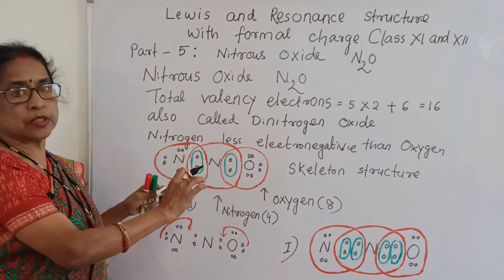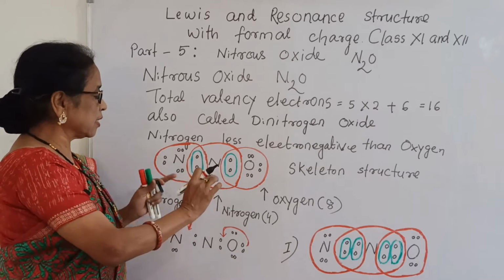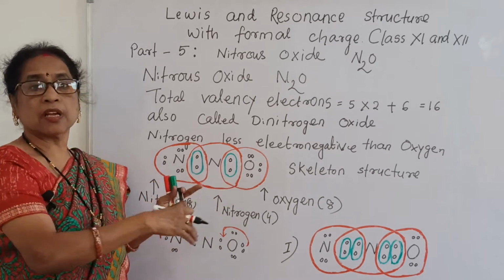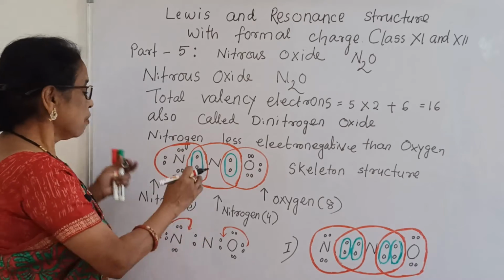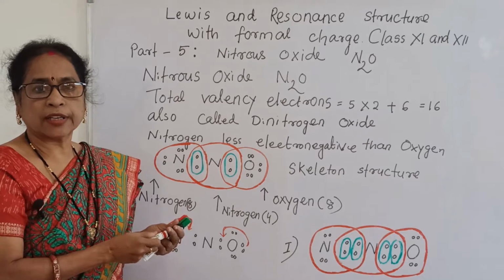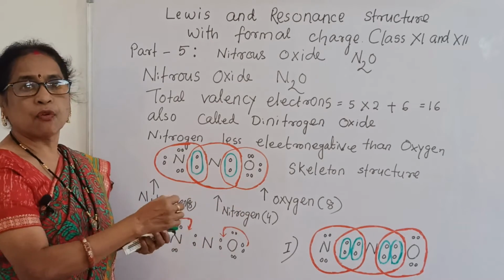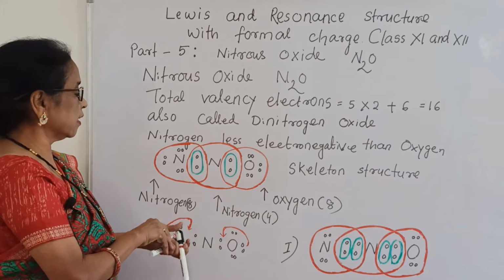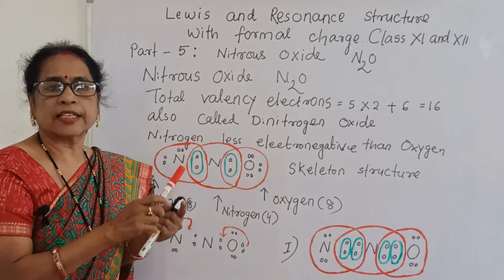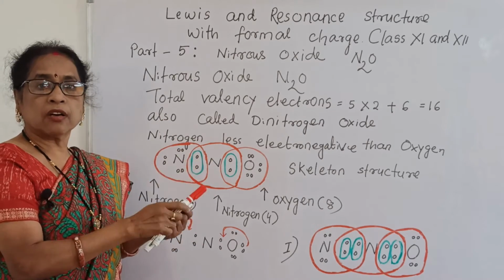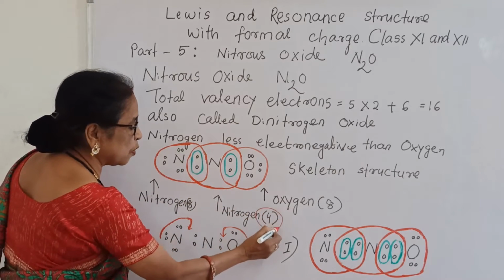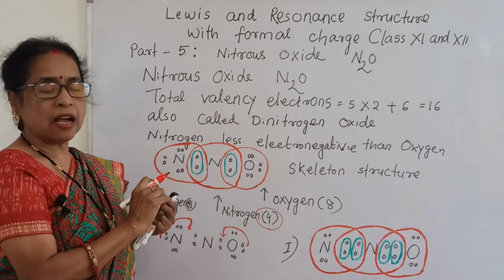But this middle nitrogen, what happens here? Only this side 2 electrons and this side 2 electrons. What is the number of electrons here? 4. That means here is a deficiency of 4 electrons. The middle nitrogen has not satisfied the octet rule, it does not have 8 electrons. This is the problem.